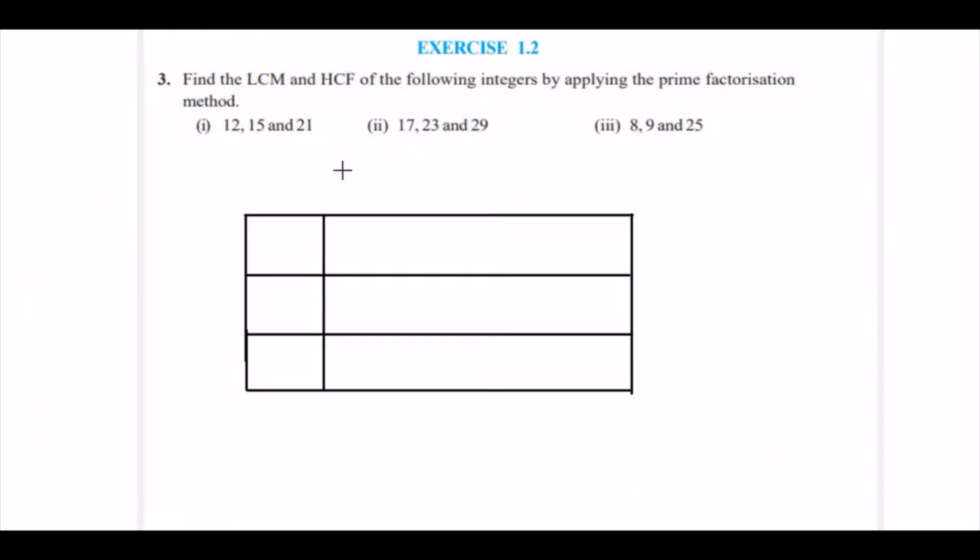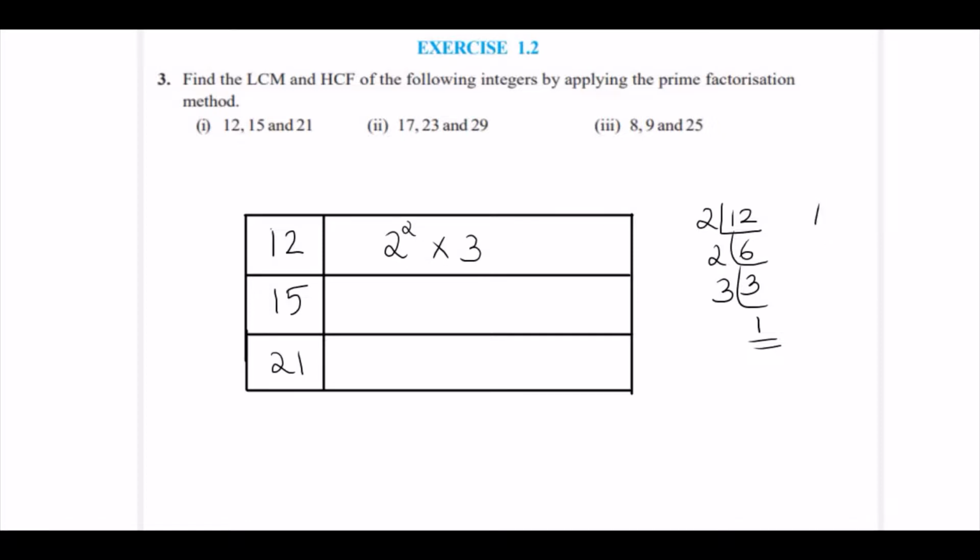So the third question is, find the HCF and LCM of the following integers by applying the prime factorization method. So here you have three numbers. So the numbers are 12, 15 and 21. So you have to factorize all the three numbers and find out the prime factors. So 12 can be represented as 2 square into 3.